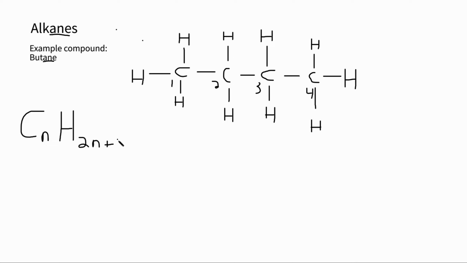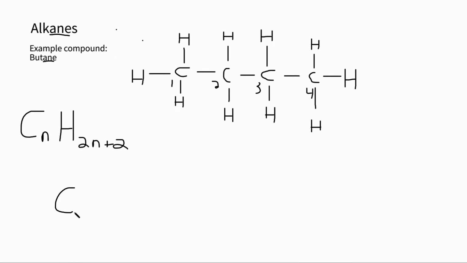Now you might have seen this formula before. It's essentially telling us that for alkanes, our C subscript n, which can be a number of carbons, so 1, 2, 3, 4 in this case, if we know our number of carbons in an alkane, this just applies to alkanes, and not cycloalkanes, we'll get to that. But just for linear alkanes or n-alkanes, we're going to have CnH2n plus 2.